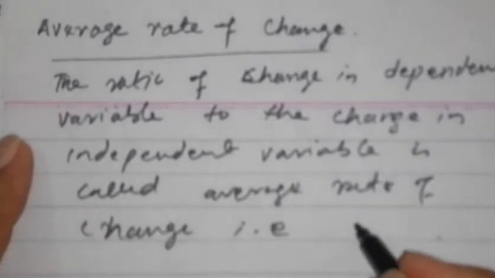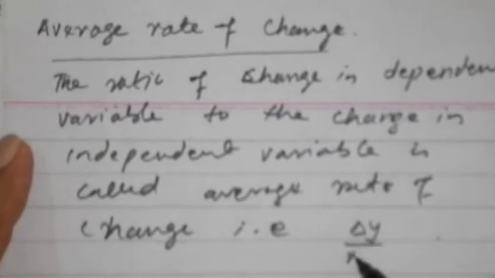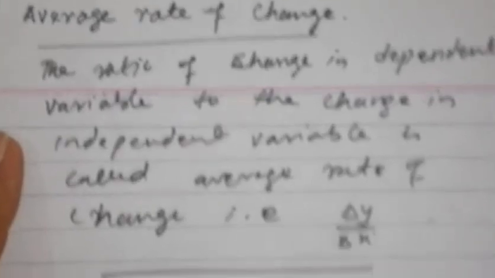That is del y by del x. This is called average rate of change.